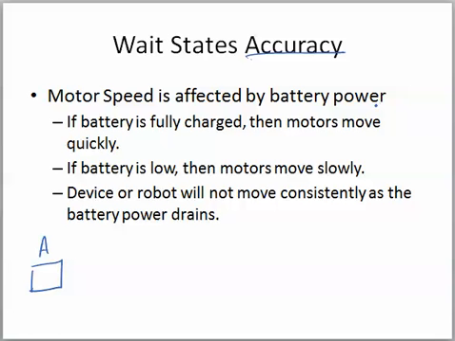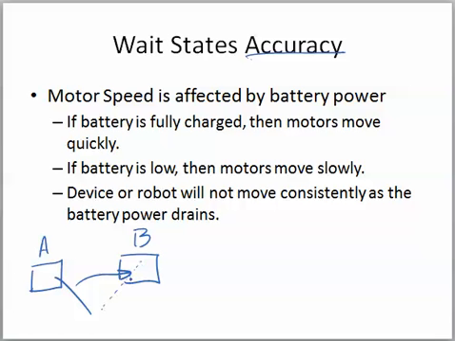Your battery is going to have several different power levels as you're using it, and because of that, it's not very accurate. Say you have a rod, and you want it to be here, and then at a certain time sway over to a specific spot over there, every single time.